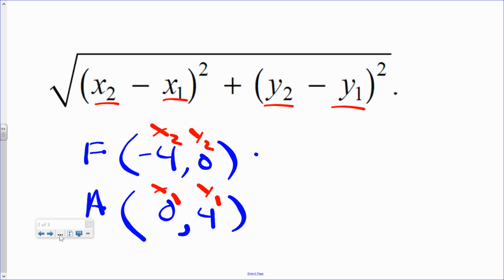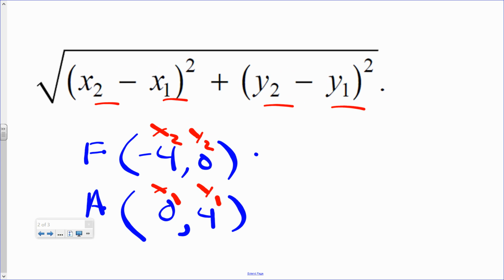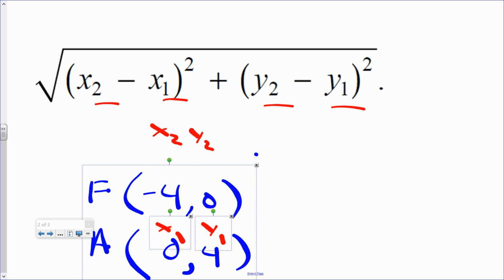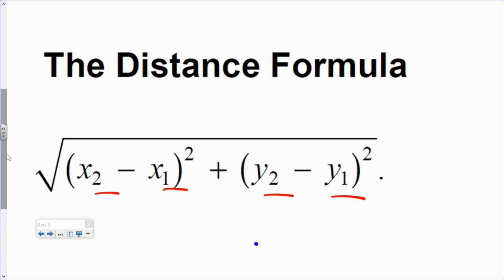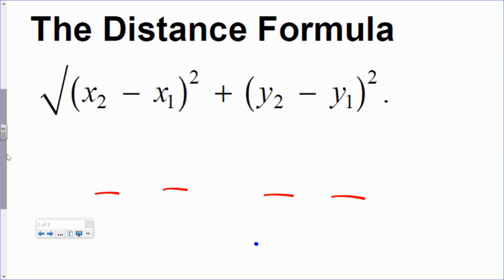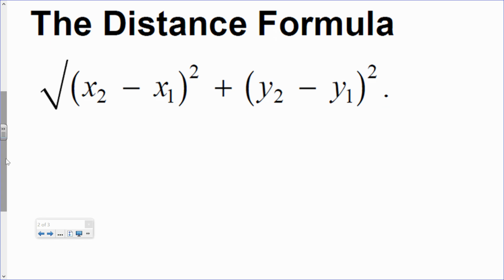Let me move this down here to have some room to do my work. All right, here we go. x sub 2, x sub 1, so we've got negative 4.